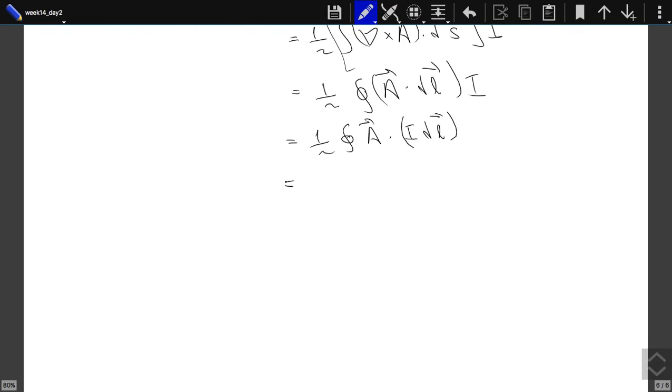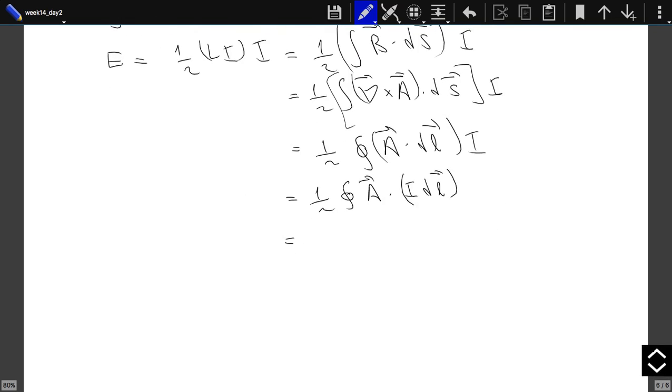Well, in this example, we started with a current carrying wire. That's why we ended up having this I times dl. But we could have just started with an arbitrary volume current density. In that case, this expression would have been just the integral of A dot J over the volume.